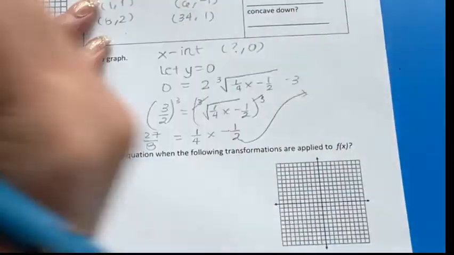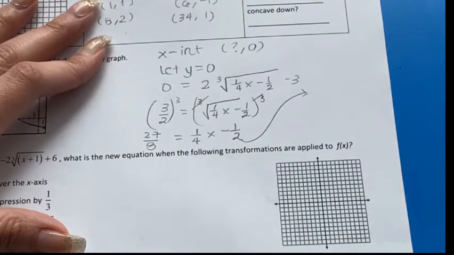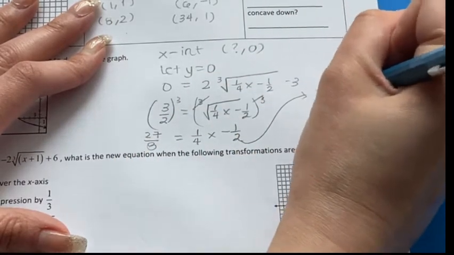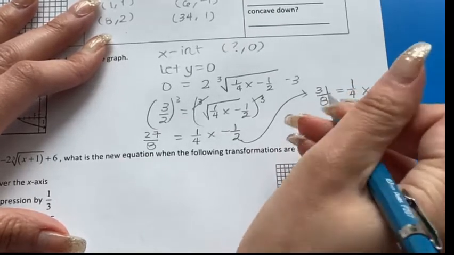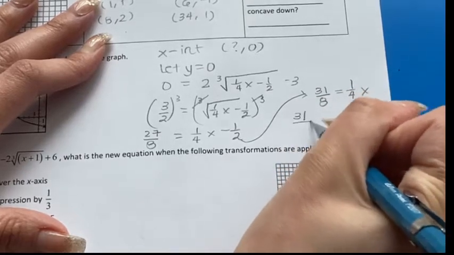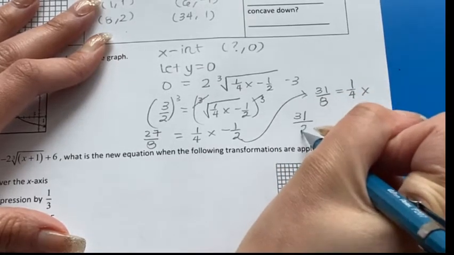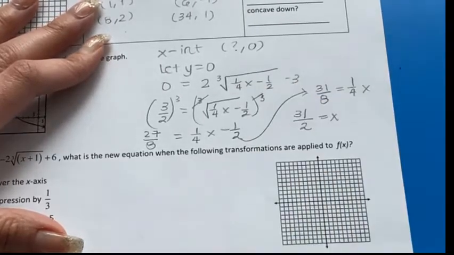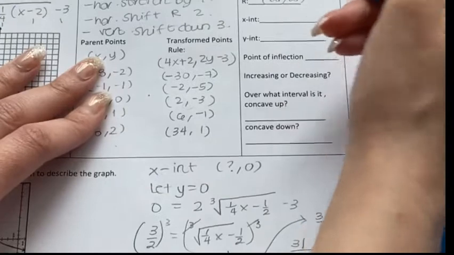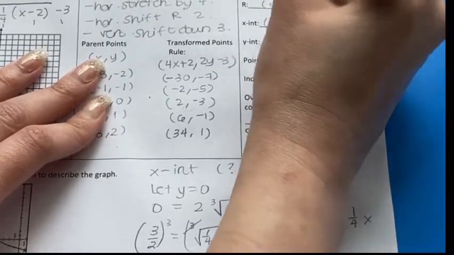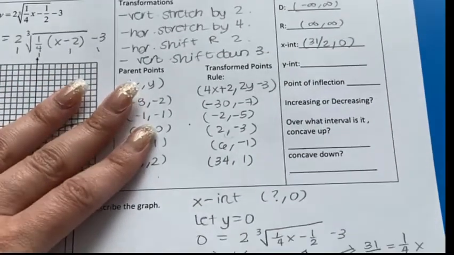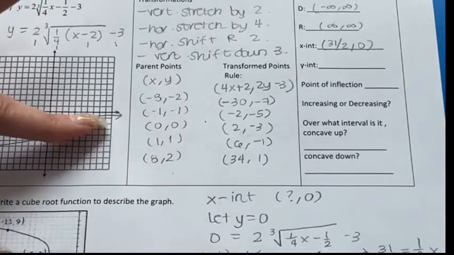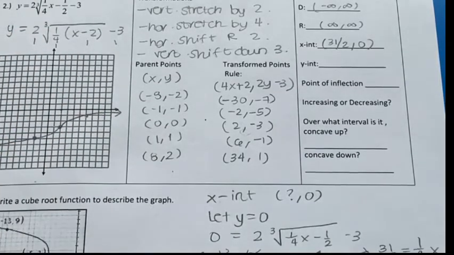So you know that's going to be 27/8 plus 4/8 is 31 divided by 8 equals 1/4 x. Okay, I pass the 4 to the other side, so you know that's going to be 31 over 2. Ugly number. So you go back and you know that it's going to be 31 divided by 2 comma 0. That's going to be your x-intercept. Okay, so quite big. Makes sense that I didn't graph it here because we don't have it yet.